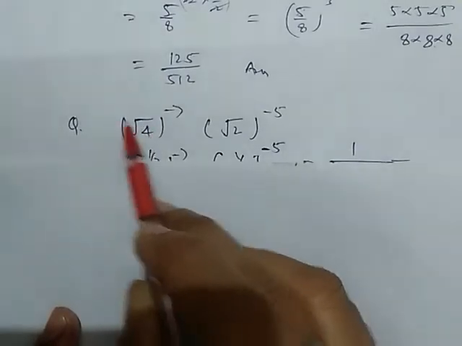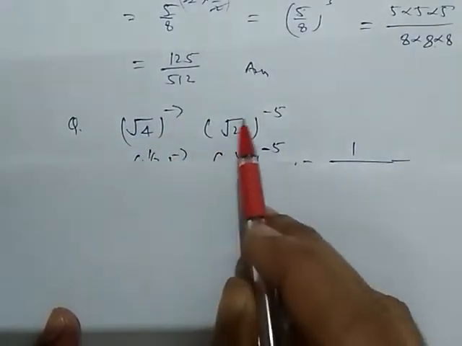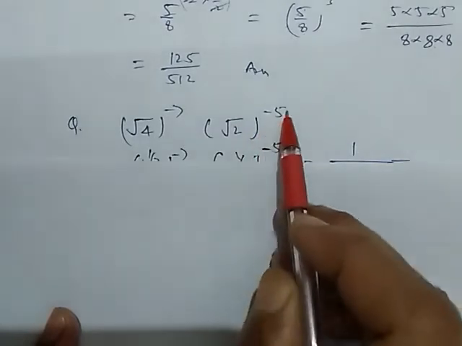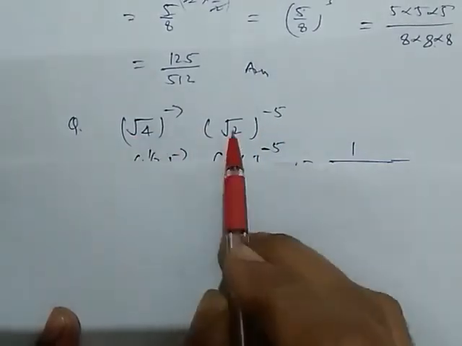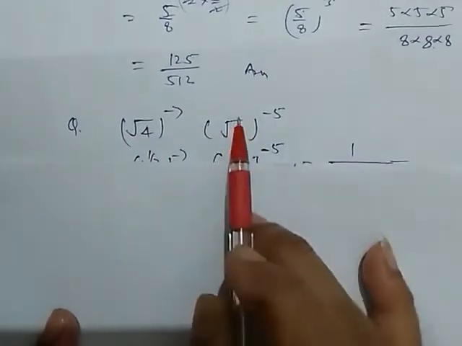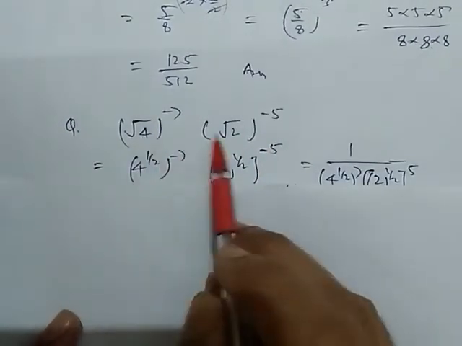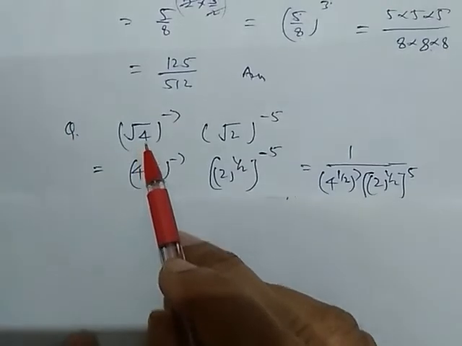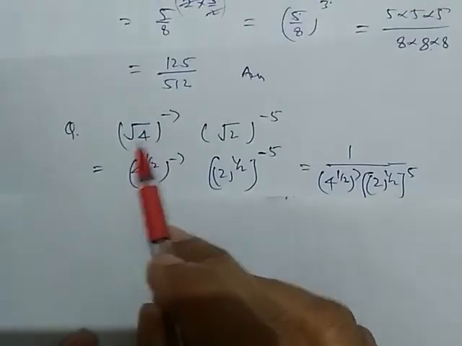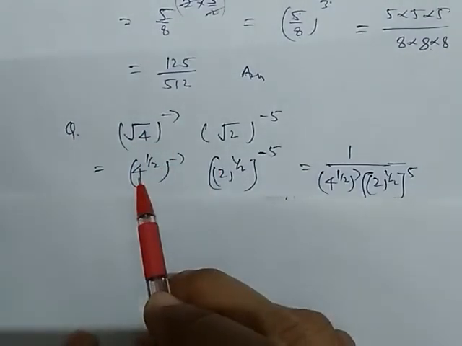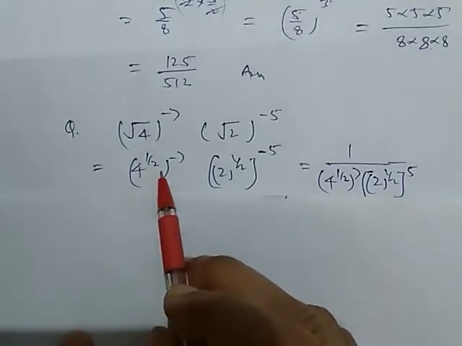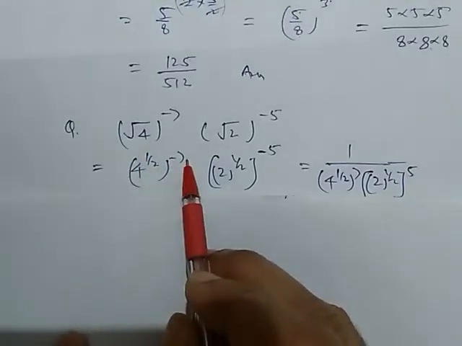There is one more question. Square root of 4 power minus 7, square root of 2 power minus 5. Here both the bases are different, and the powers are also different. First we solve them separately. Square root of 4 means 4 power half, whole power minus 7.